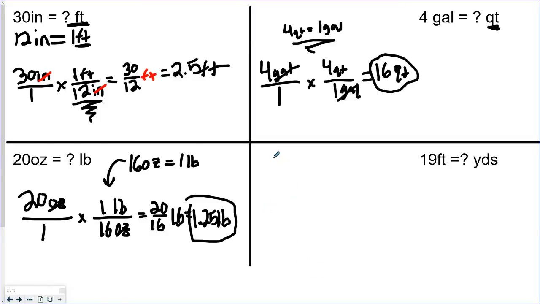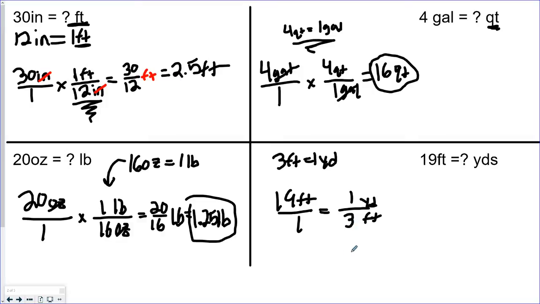What about feet to yards? Again, if you didn't know, there are 3 feet in 1 yard. So when I set up my problem, 19 feet is equal to, I want to go to yards. Yards is my target label, feet is my old label, so 1 yard and 3 feet.